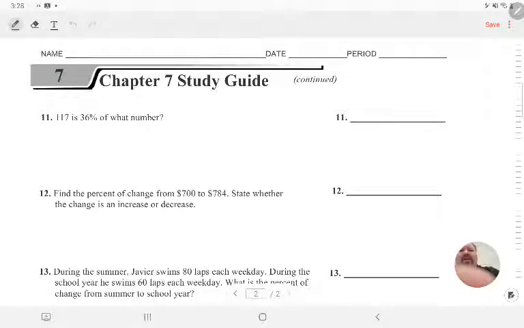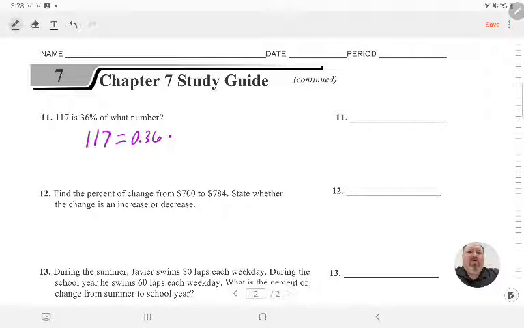Number 11. Again, I can do it the same way. Let's see. 117 is 36%, but we have to write that in a decimal, so 0.36 of what number?